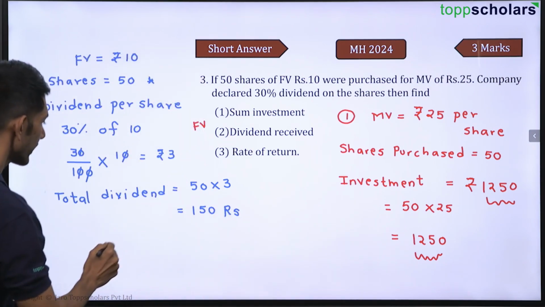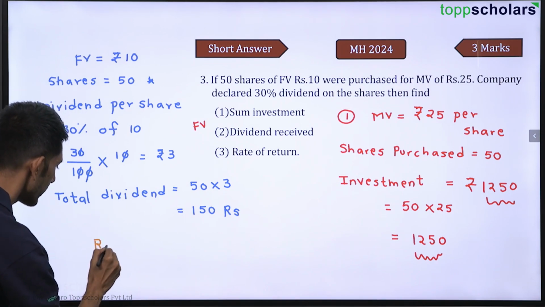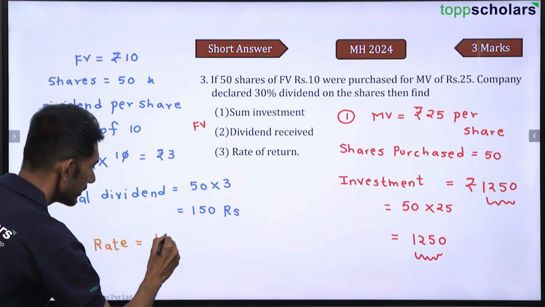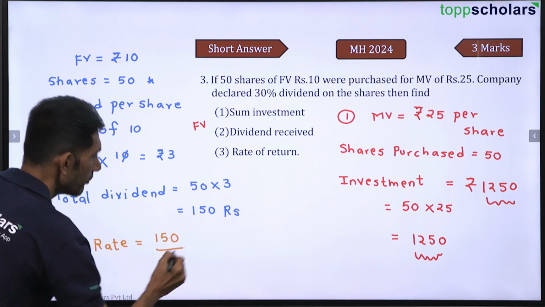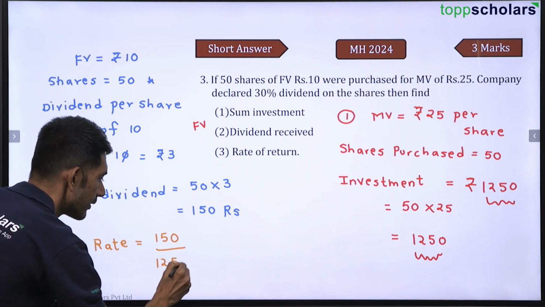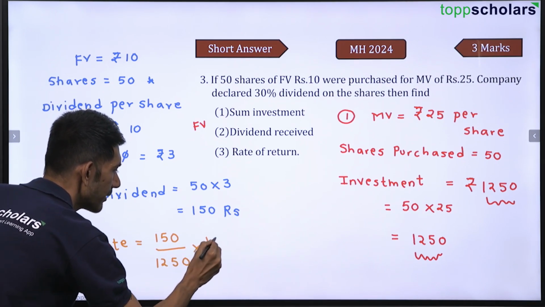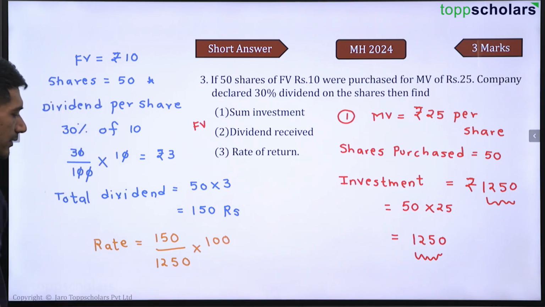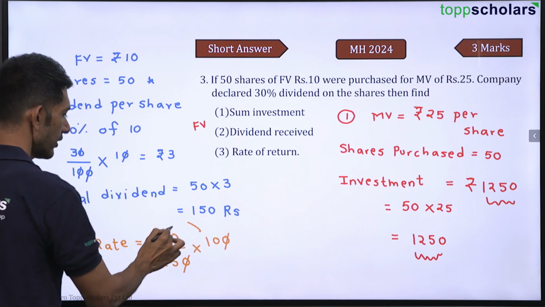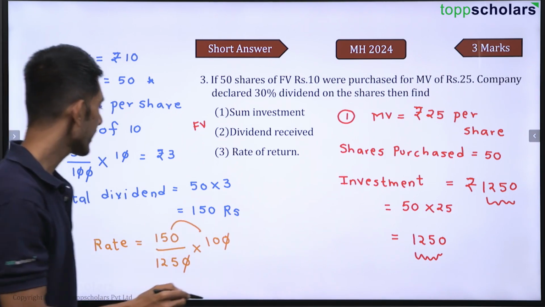So how do we find out the rate of return? The rate of return is equal to the dividend earned by the investment made, multiplied by 100. Correct? So this 0 gets cancelled. You get 1500 divided by 125.